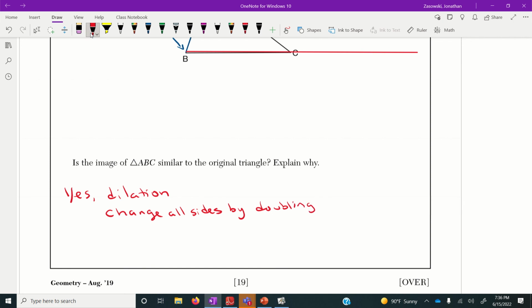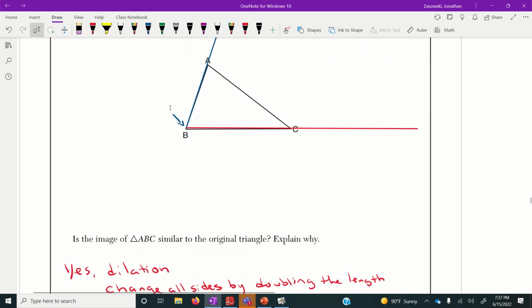We'll say doubling the length. And the angles are going to stay congruent.